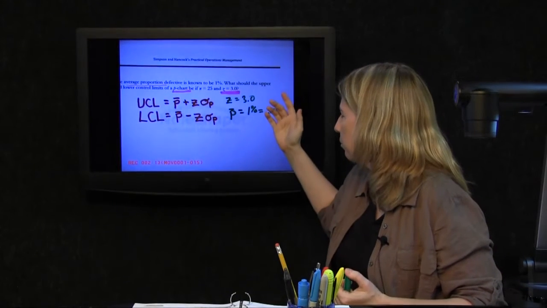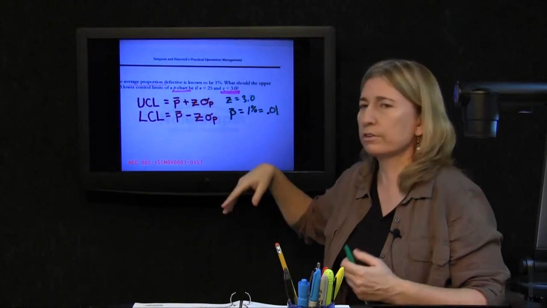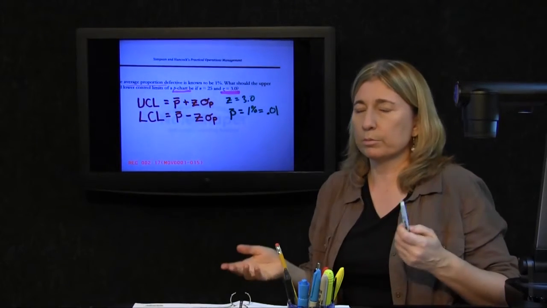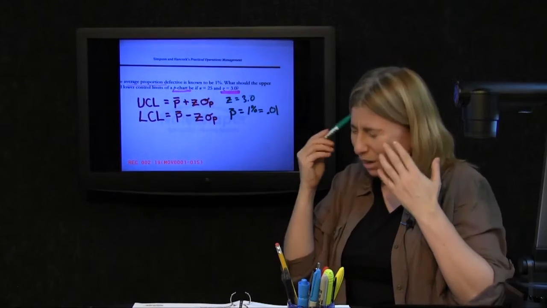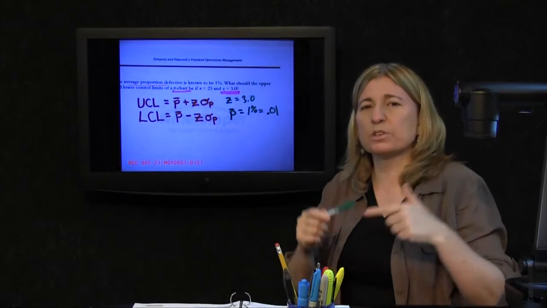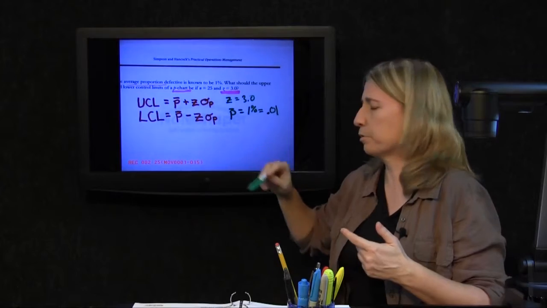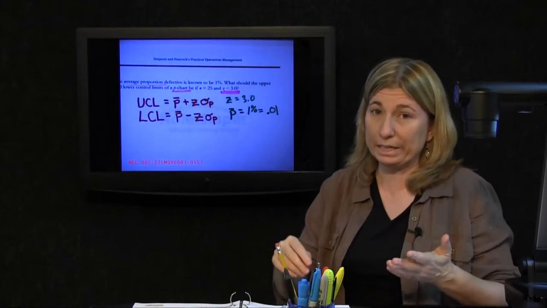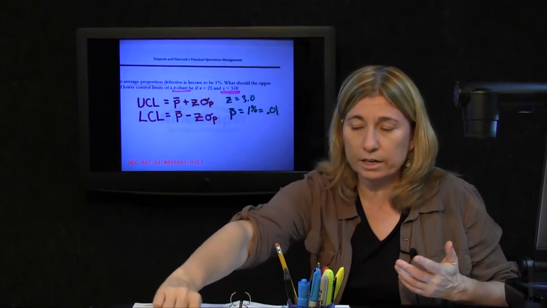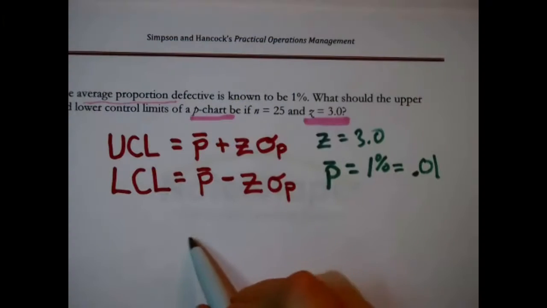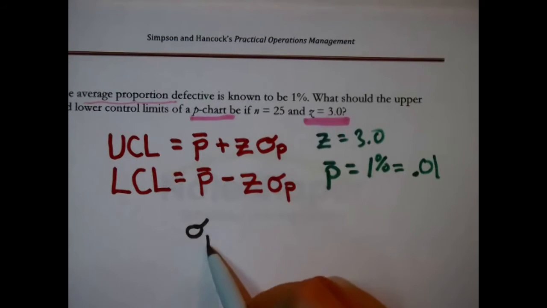The only thing that we don't have is this standard deviation in the sample proportions. Right, because that's the result of another formula. Here's the formula for the upper control limit, here's the formula for the lower control limit, but for a P-chart, you then need a sub-formula, if you will, for that standard deviation.